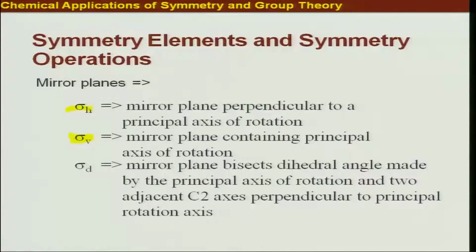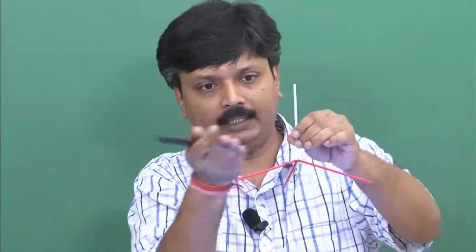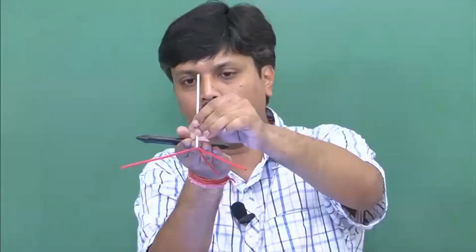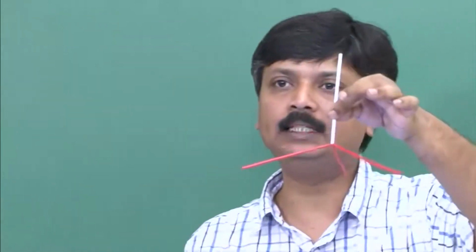Now let's have a look at what is sigma H. So sigma H is the sigma plane which is perpendicular to the principal axis of rotation. So suppose I would have a sigma plane which is perpendicular to this axis, that is lying in this plane, okay, that would be a sigma H plane. But you can see here, is there any sigma H plane?